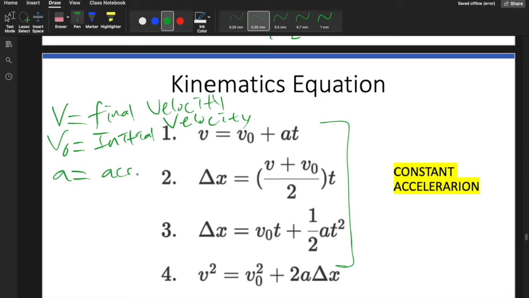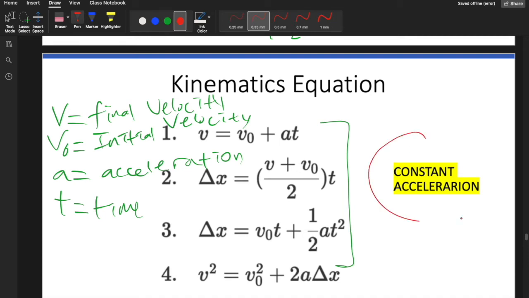A represents acceleration, and t represents time. One important thing I want to point out is all of those equations work if and only if the acceleration is constant, right? So let's look more closely at the equations.